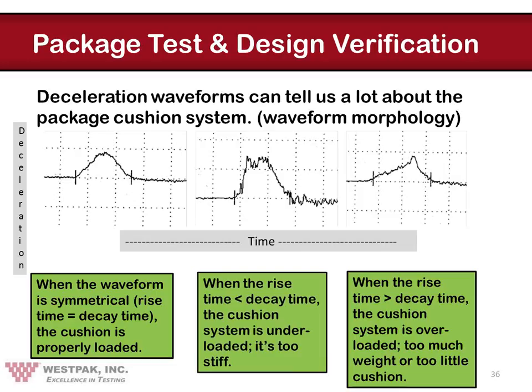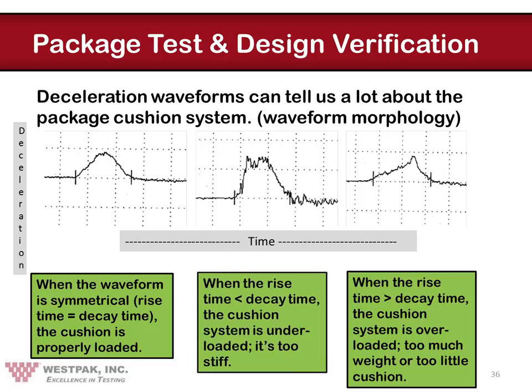There are some variations of this waveform that are important, and we're going to talk briefly about those now. For example, when this deceleration waveform is symmetrical, in other words, the rise time from the zero point to the peak is approximately equal to the decay time from the peak down to the zero point, then you know that your cushion system is properly loaded.